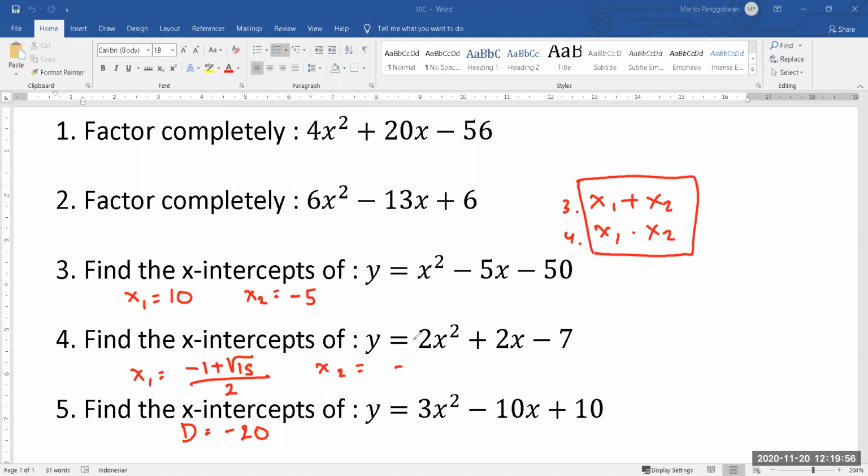Number 4: x1 is (-1 plus square root of 15) over 2, and x2 is (-1 minus square root of 15) over 2. Now quickly add both and multiply both. What is the sum and what is the product? Of course, we will get the feeling that multiplication will be harder than addition.